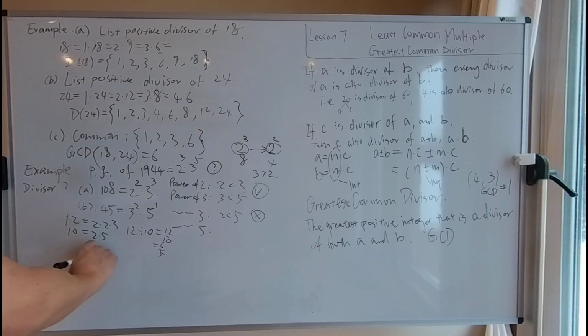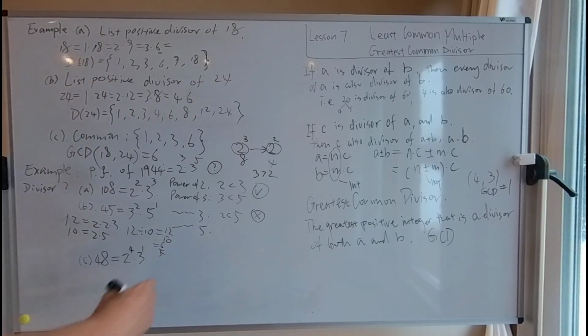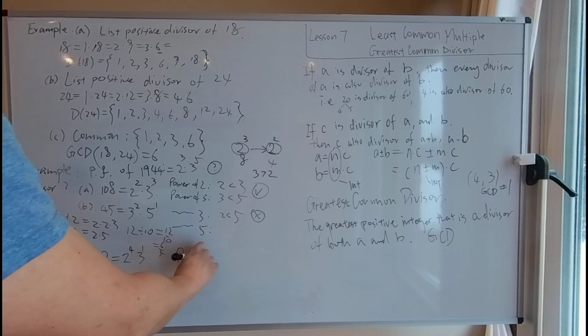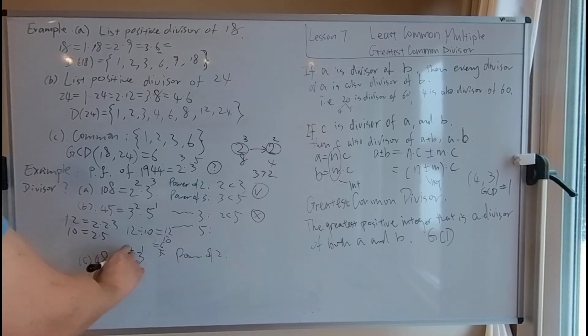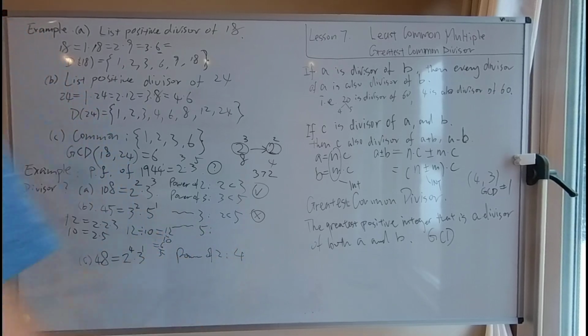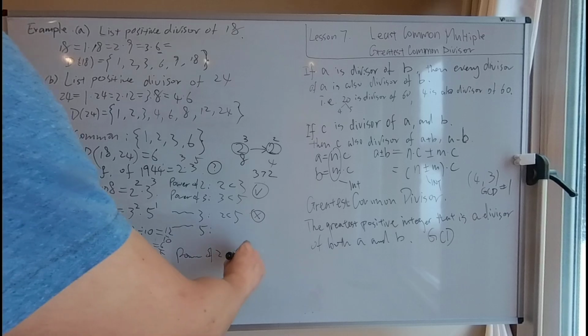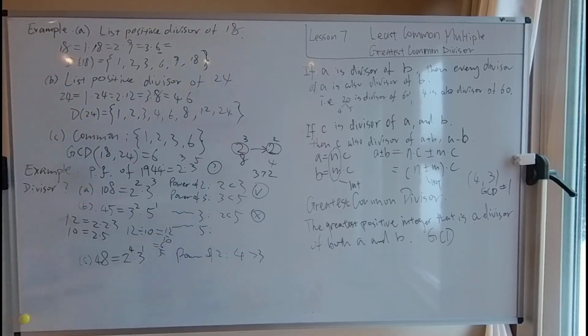Okay, the last one, if I have 48, which can be written as 2 to the power of 4 times 3 to the power of 1. Here, if I'm checking the power of 2, I have 4 from 48 and 3 from the 1944. So the power here is greater than the original number. So this also indicates that they are not divisible, right?